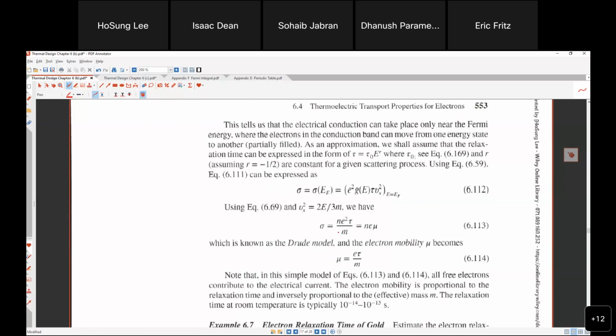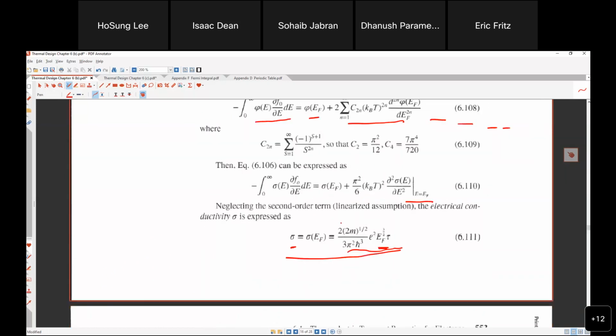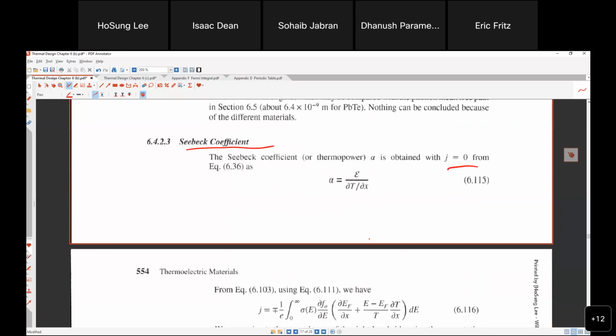Look at that. The mobility, the relaxation time. So actually, the electrical conductivity directly depends on the relaxation time. So important, relaxation time.